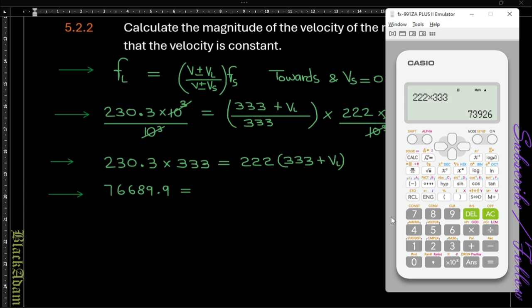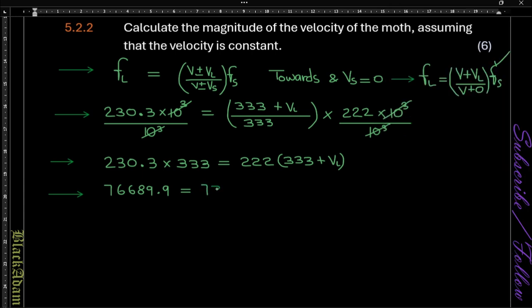222 multiplied by 333 gives us 73926. And then 222 multiplied by vL is 222 vL.